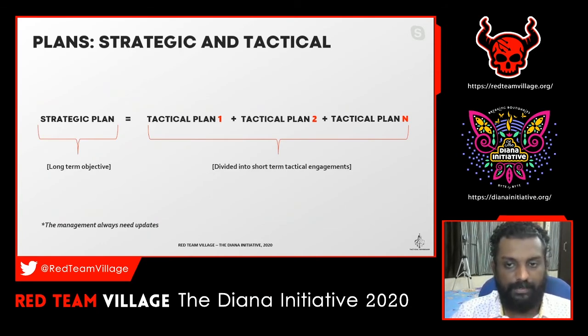Within 3 to 6 months, we will cover all the items mentioned in tactical plan 1, which is IRTO phase 1. All the activities listed there, we can complete within that time frame.